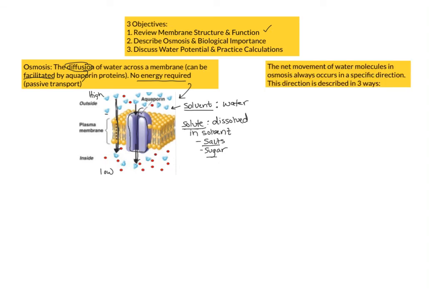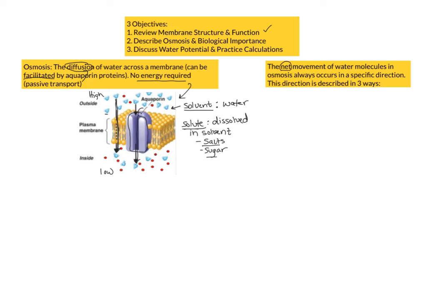Okay, so now that we've described osmosis, and we've talked about solvent and solute, I want to talk about more of the process of osmosis. What we're going to see in this class is that osmosis, which is the diffusion of water across a membrane, happens in a specific direction. And what I've added here is that we always have to think about this idea of net movement.